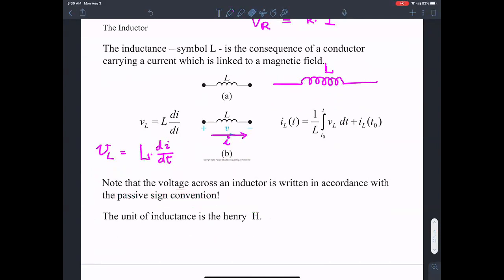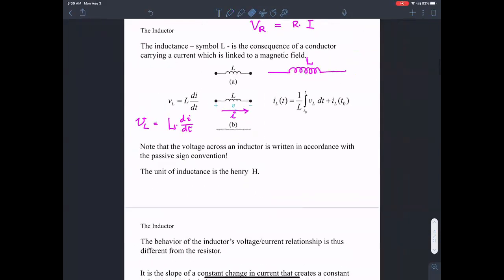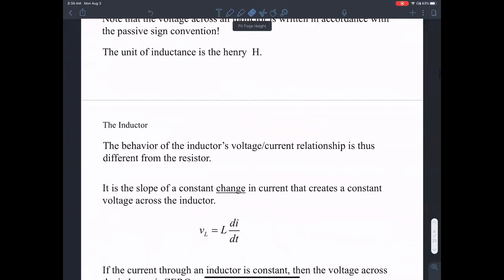It's a really, really large unit, so practical inductances have values in the range of millihenry, which is a more practical number.